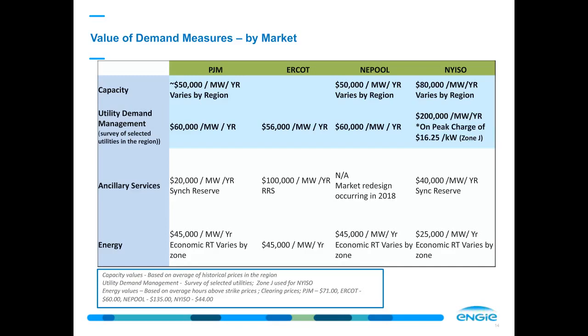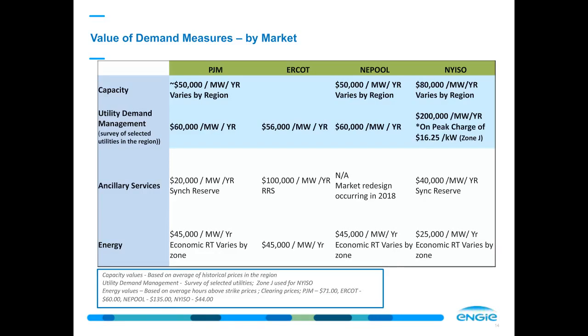That's going to vary, obviously, by utility, but on average, it's about $50,000. In ERCOT, you're looking at $56,000 in transmission savings. In NEPOOL, capacity costs would drop by about $50,000, and in NYISO, it's upwards of $80,000.